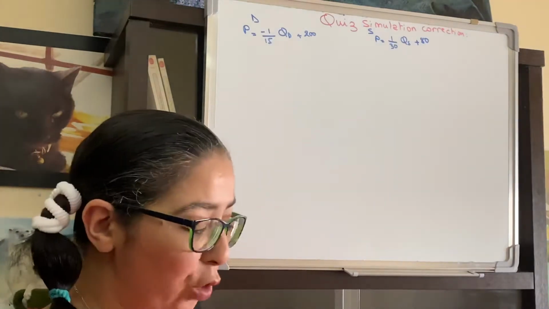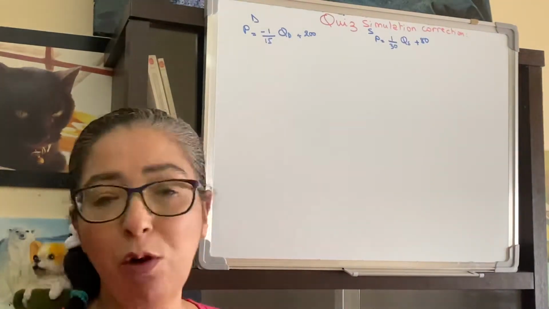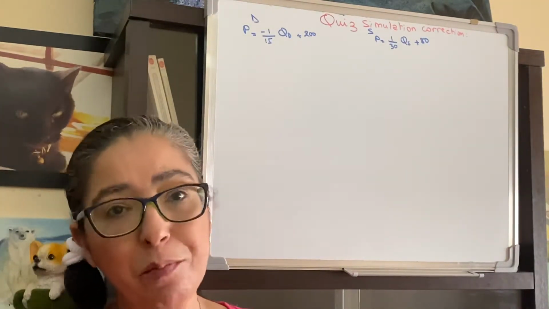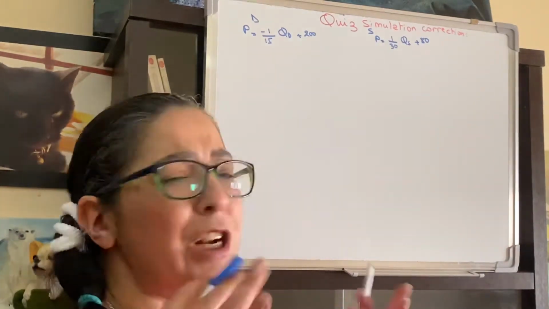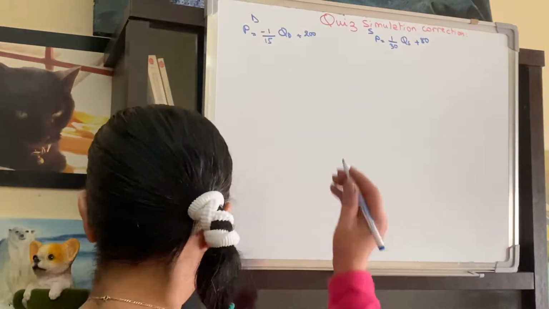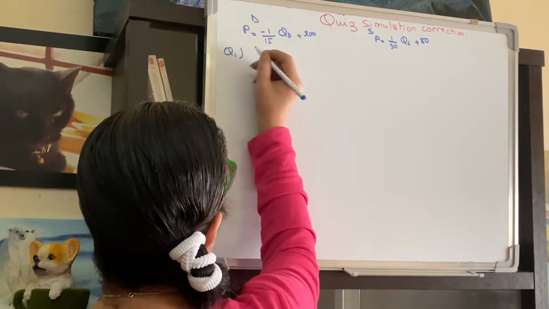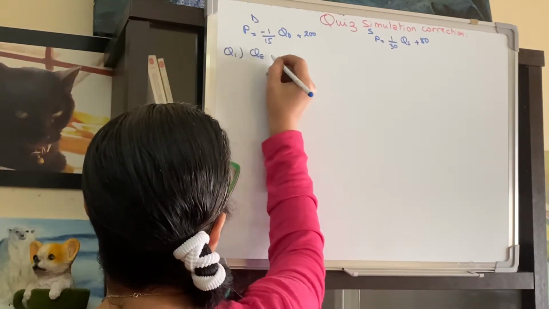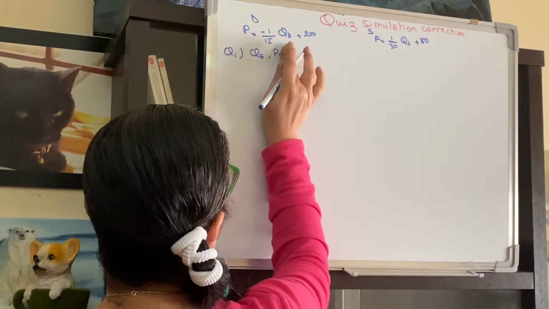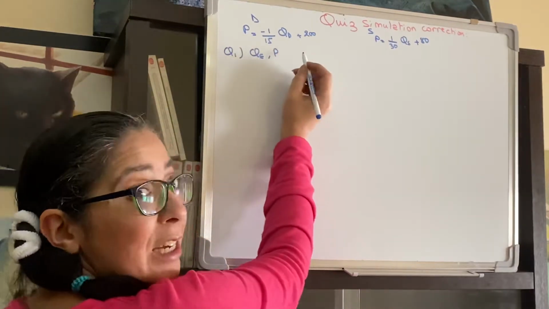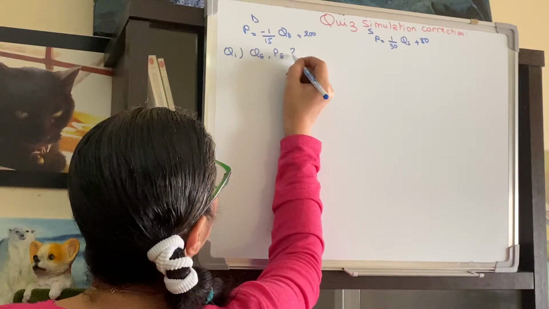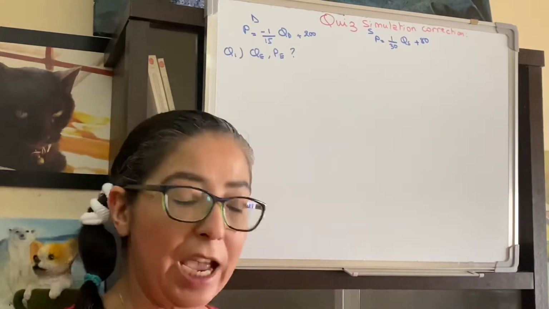Okay? So now the first question, simple one, determine the equilibrium price and quantity. Well, we start with the quantity, then we find the price. So question 1, it's just QE and PE. How do we find the equilibrium?